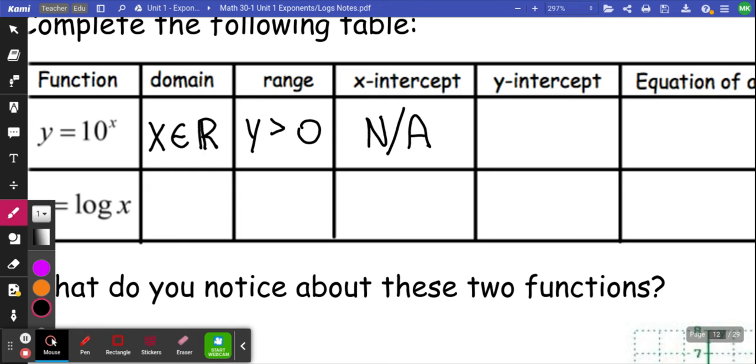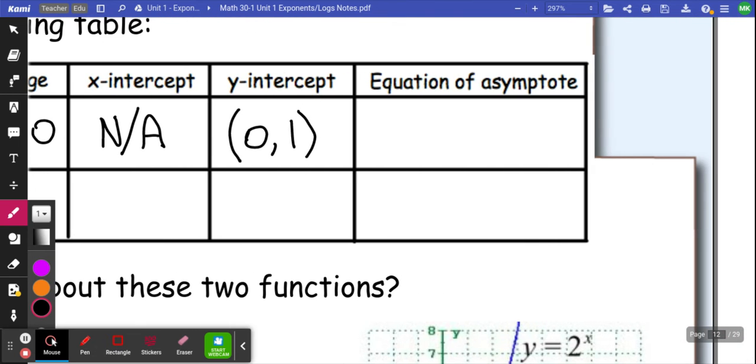The y-intercept of all of our exponential functions that we've looked at so far have all occurred at 0, 1. And our asymptote for these functions have all been the same. They've all been the x-axis, which is written as y equals 0. That is your horizontal asymptote.